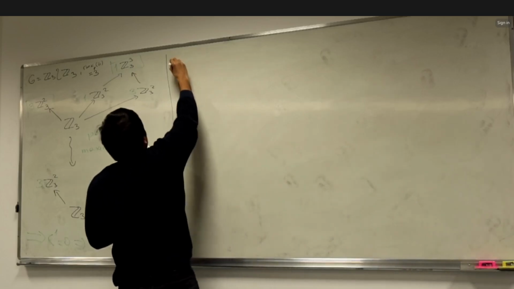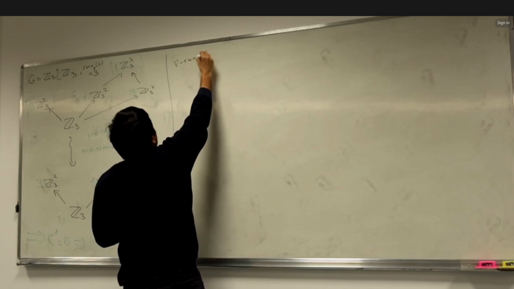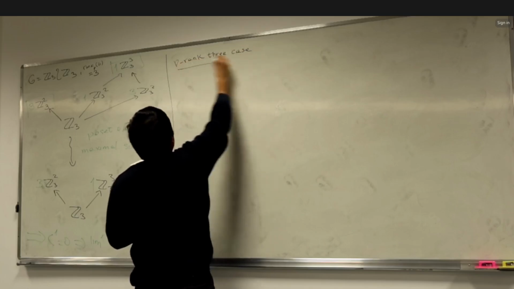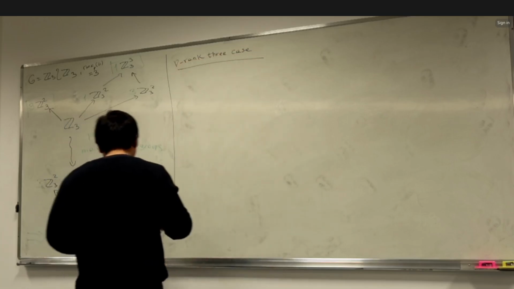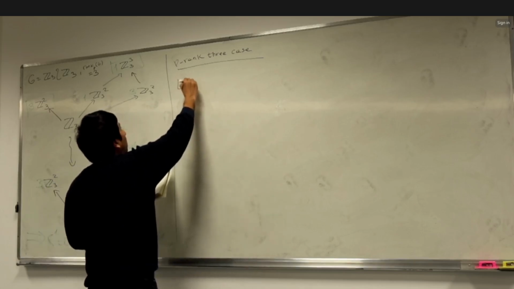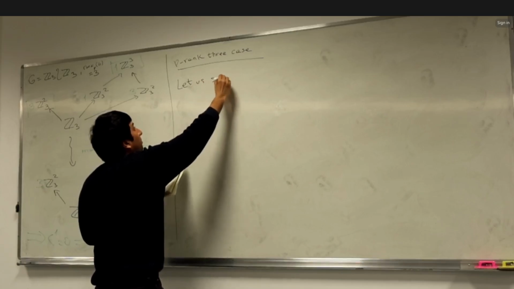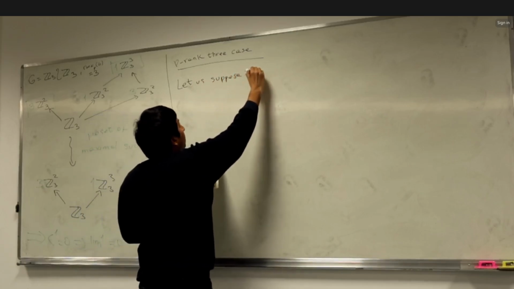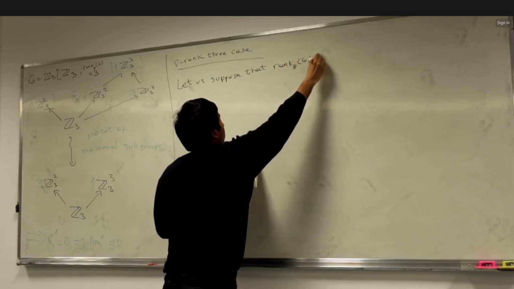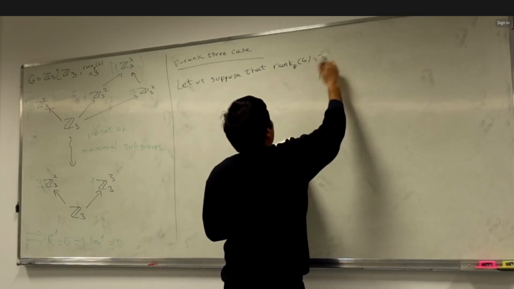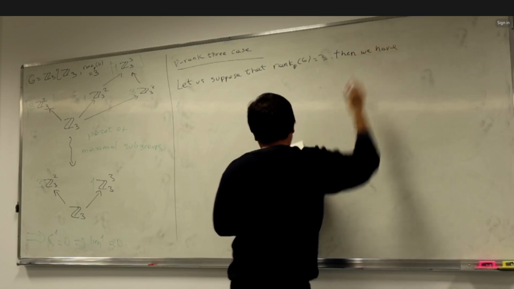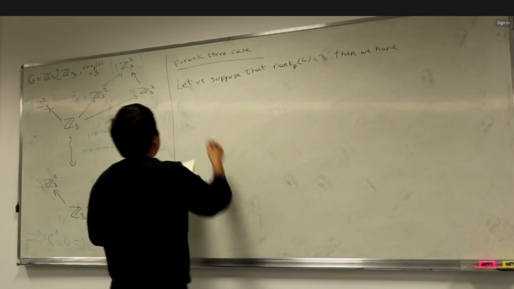Okay, the p-rank 3 case. This is the next step. Let's suppose that the p-rank of G is 3. Then we have this exact sequence.